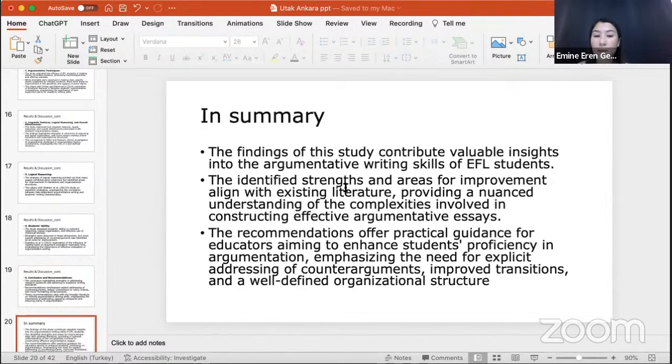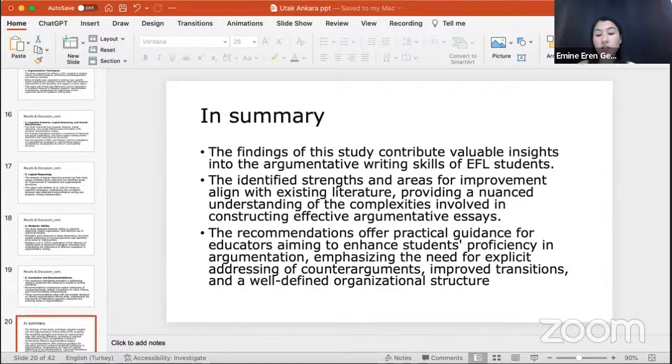So to sum up, the findings of this study contribute insights into the argumentative writing skills of EFL learners, and the identified strengths and areas for improvement align with existing literature, providing a nuanced understanding of the complexities involved in constructing effective argumentative essays.